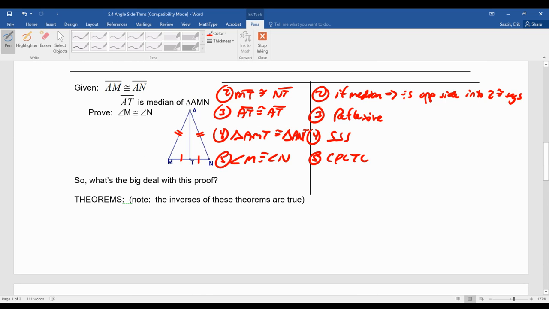You see, when you're given that AM is congruent to AN, that means that this triangle is isosceles. So whenever you have an isosceles triangle, you can always drop in a median to the base from the vertex, and we're always going to end up having 2 congruent triangles by SSS, and then these angles down here are going to be congruent.